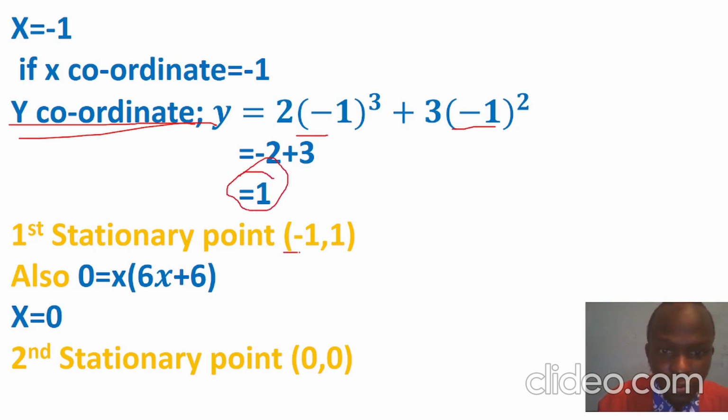So this first stationary point, the coordinate is -1 and 1. So you have seen how we get the stationary point.